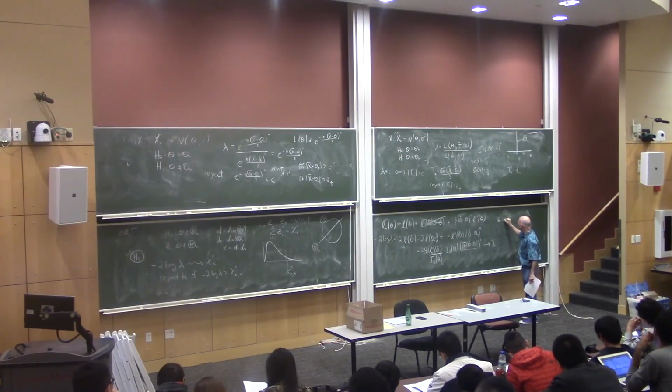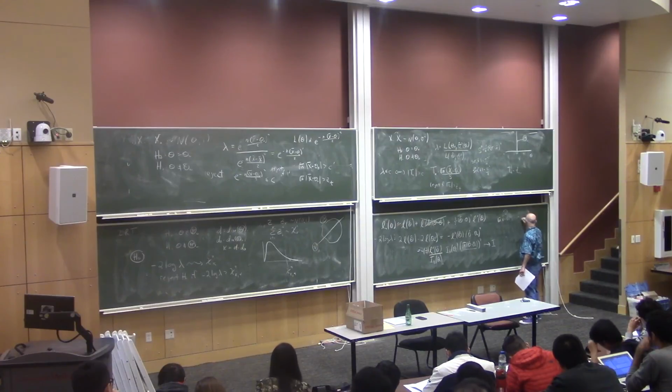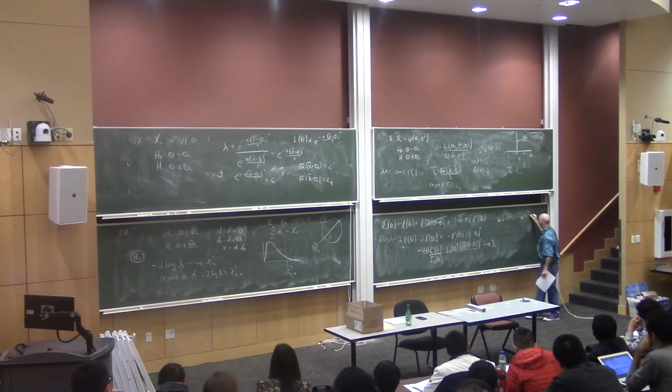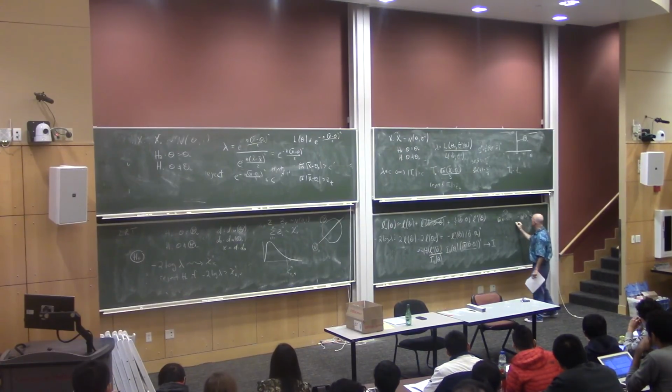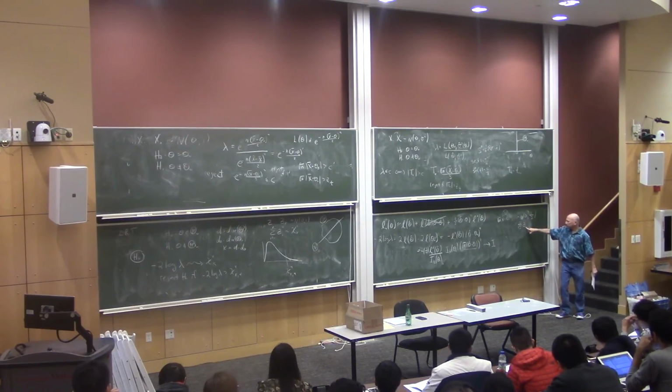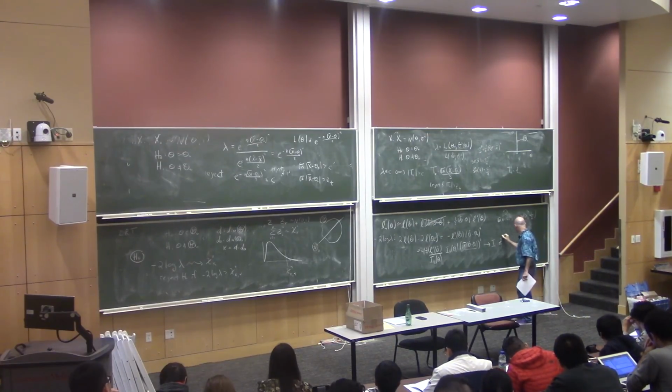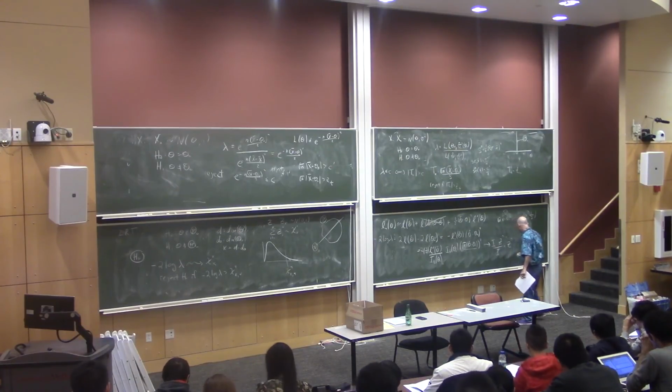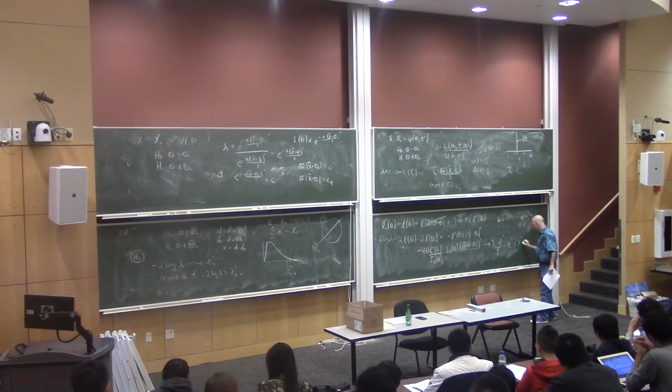Remember, root n times theta hat minus theta 0 is converging to a normal with variance 1 over I, or in other words, it's equal to 1 over root I times a standard normal. Okay, but we're squaring it. So it's Z squared over I times I, which is Z squared, and that's chi-squared 1.